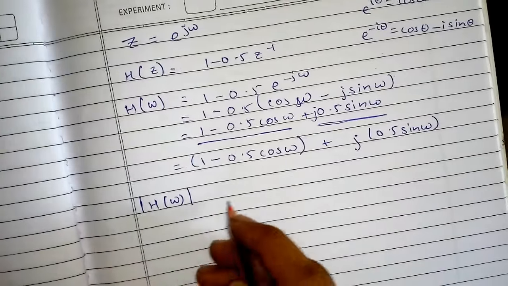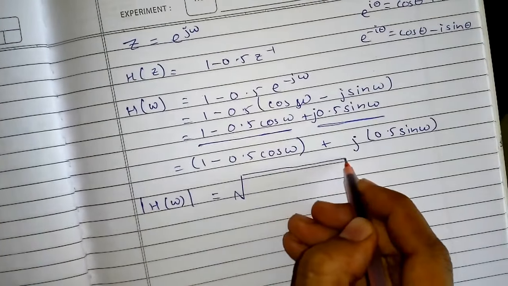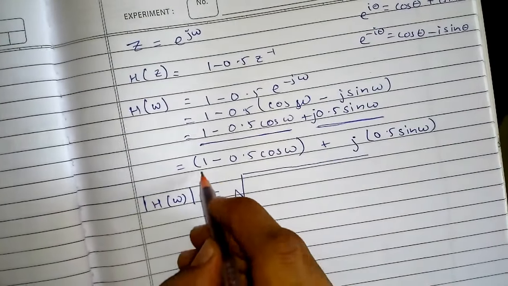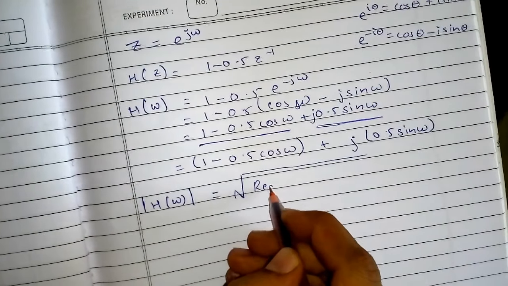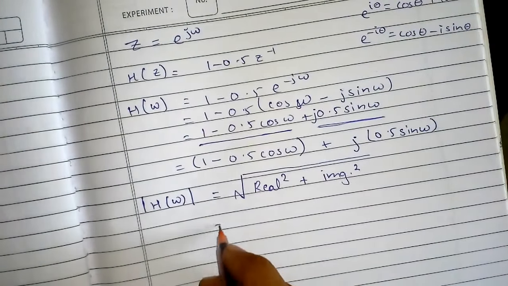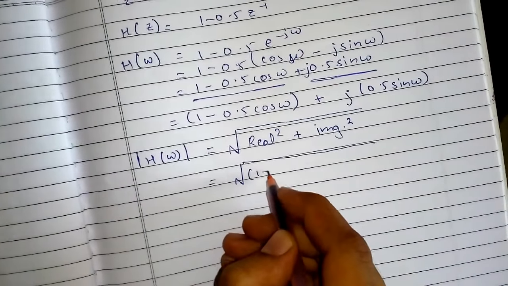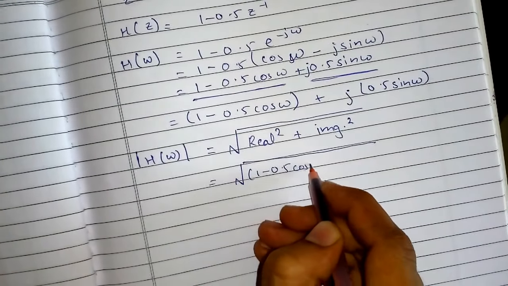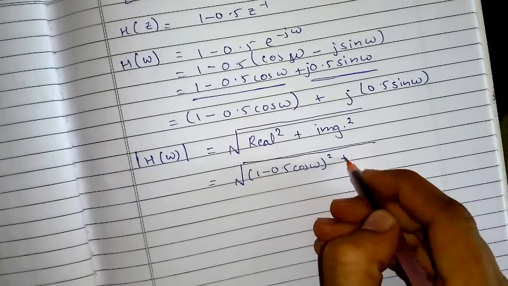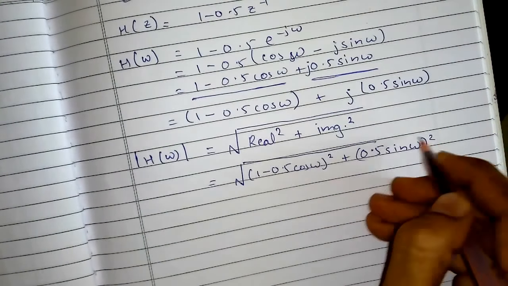Now the modulus of H of omega is my magnitude, and that is equal to the square root of real part squared plus imaginary part squared, which in this case will be (1 minus 0.5 cos omega) squared plus (0.5 sin omega) squared.